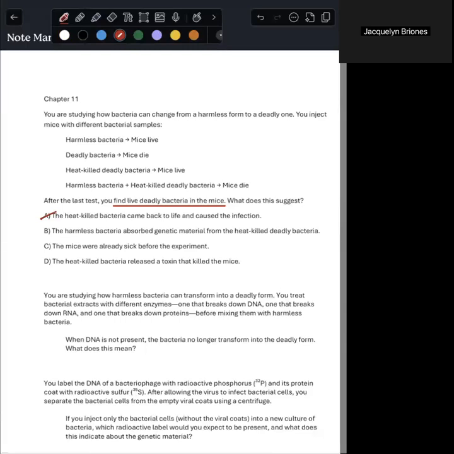The mice were already sick before the experiment. That's wrong. Mice were fine. The heat killed bacteria released a toxin that killed the mice. No, because in one of the other tests, they injected the deadly bacteria that was killed by heat and the mice still lived. So we know it's not that one. So your answer is B.